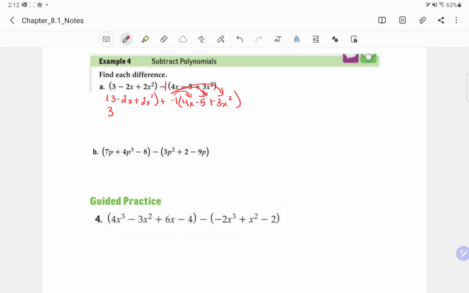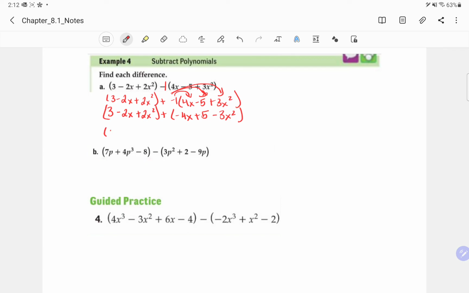So this is going to become 3 minus 2x plus 2x squared. That hasn't changed. Plus -4x plus 5 minus 3x squared. Okay, now you can go match up your like terms. Put your biggest exponent, or your leading exponent, in the front from the beginning.